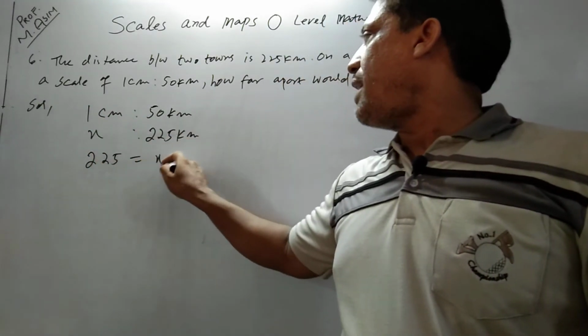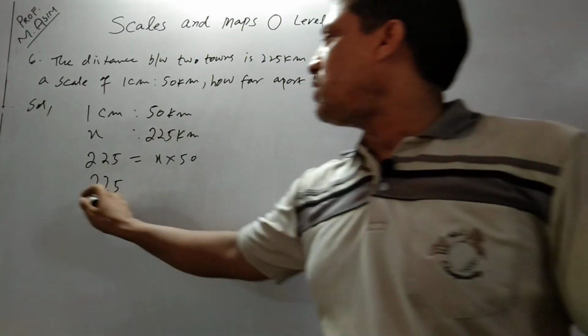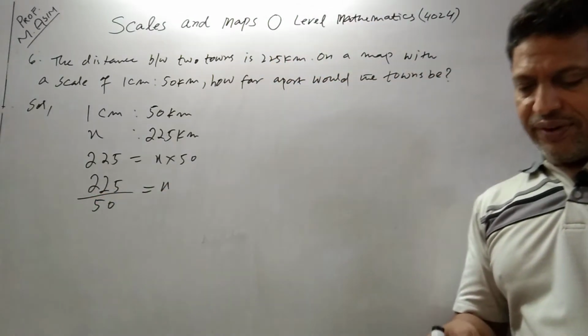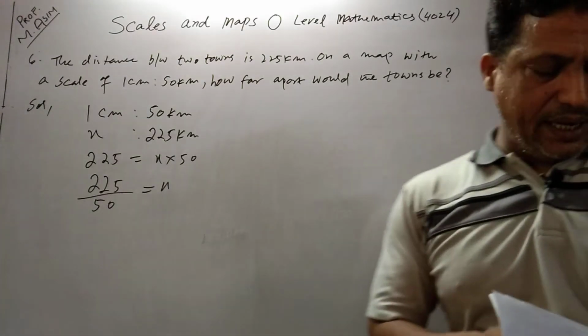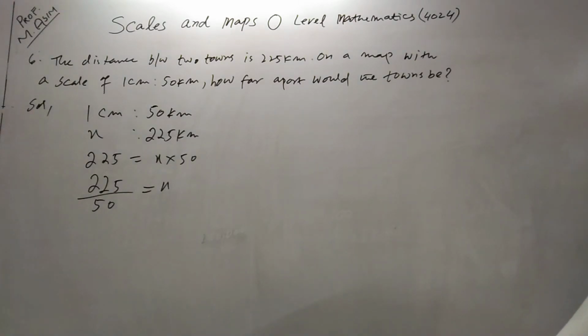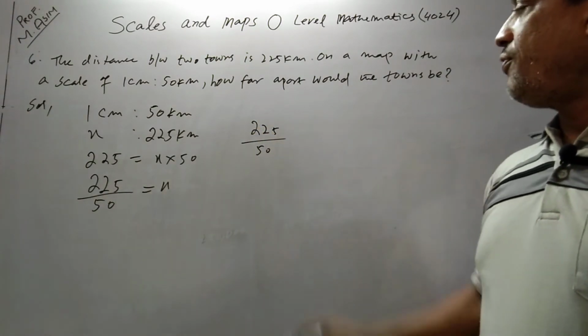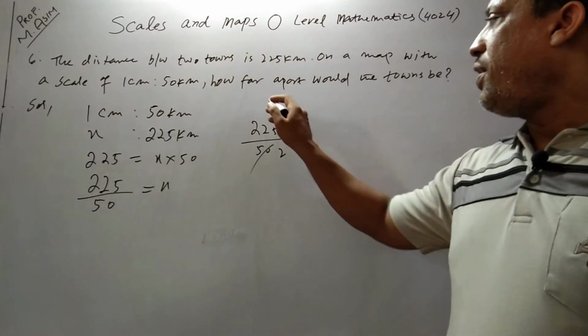X by 50 is 50x. Therefore, this 50 is multiplied, so it should be divided. 225 divided by 50: 50 2s are 100, 25 9s are 225.